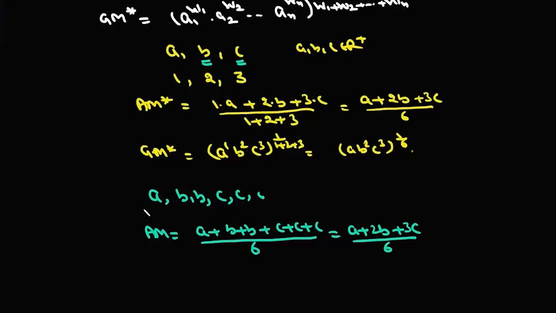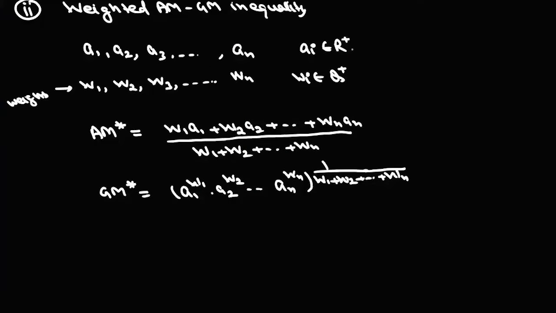In the same way, if we write their geometric mean, it will be A into B into B into C into C into C whole to the power 1 by 6, which is A B square C cube to the power 1 by 6. So basically, they are AM and GM of these 6 numbers. Now here the fundamental is, if AM star is weighted AM of these n numbers and GM star is weighted GM of these n numbers, then their weighted arithmetic mean will always be greater than or equal to their weighted geometric mean.